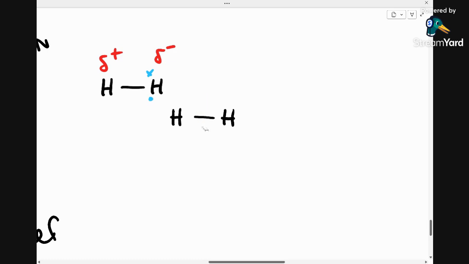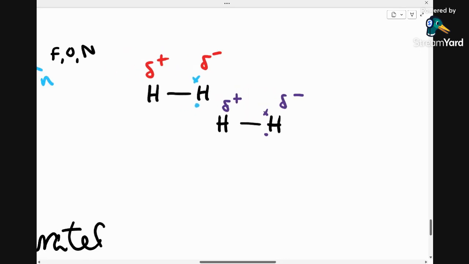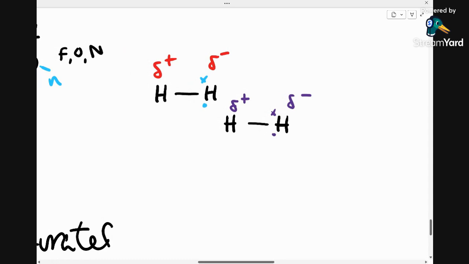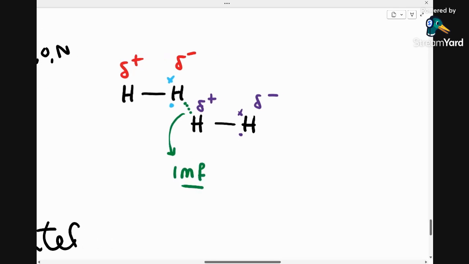That means these electrons get pinged over here, making this guy delta negative, this guy delta positive, and hopefully you can appreciate all of a sudden we now have delta negative, delta positive, and we can have an intermolecular force. But this is for a brief moment in time. This is temporary.